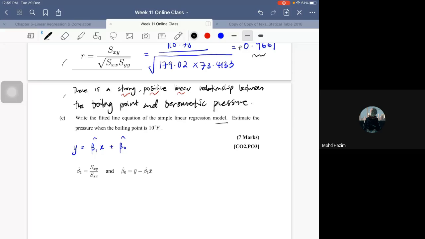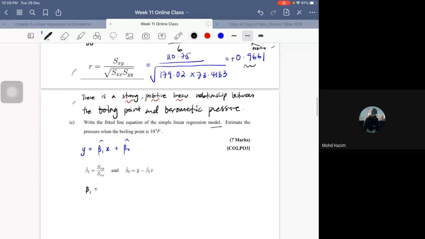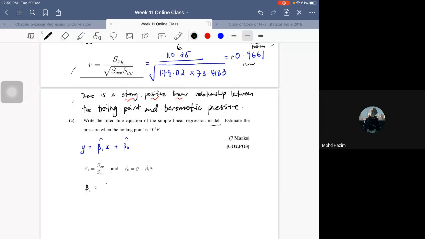So now I'm going to start my calculation with finding beta 1. Beta 1 is given by Sxy, which we have already found in our previous calculation. So that is given by 110.75 over Sxx, which is given by 179.02. So what is my value of beta 1?